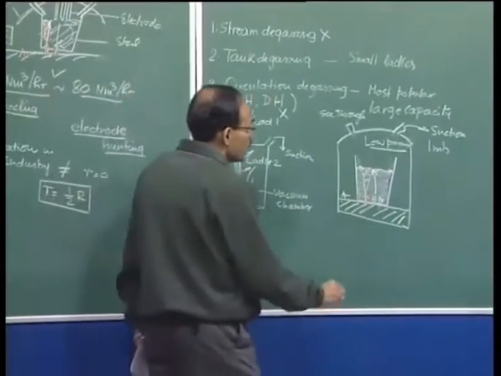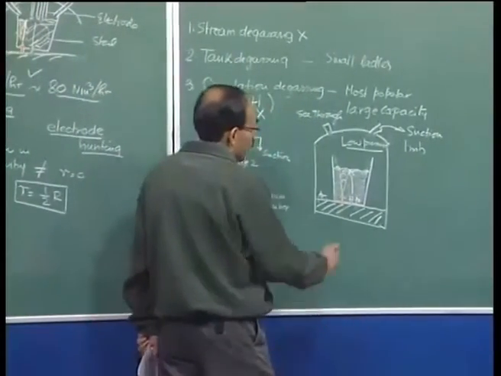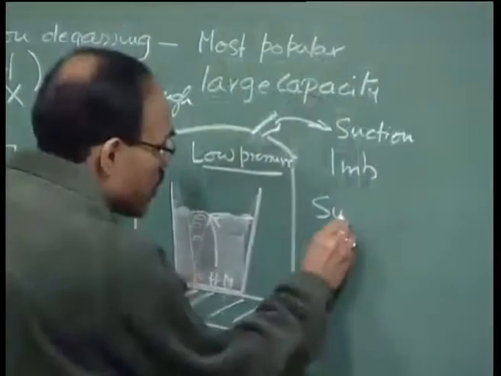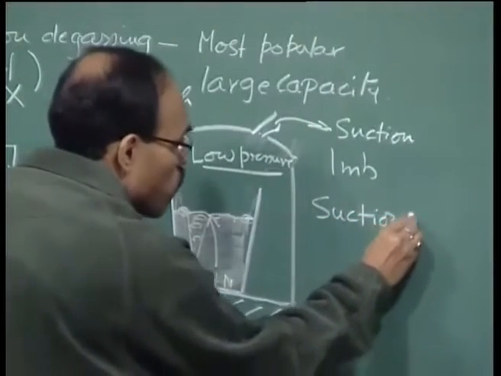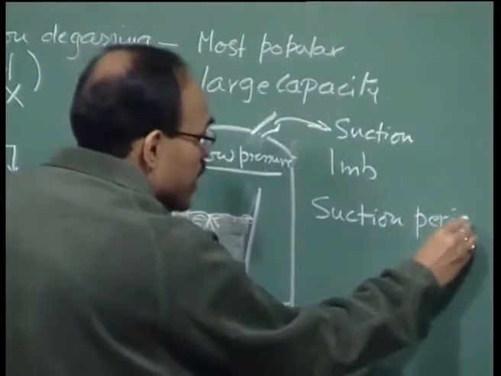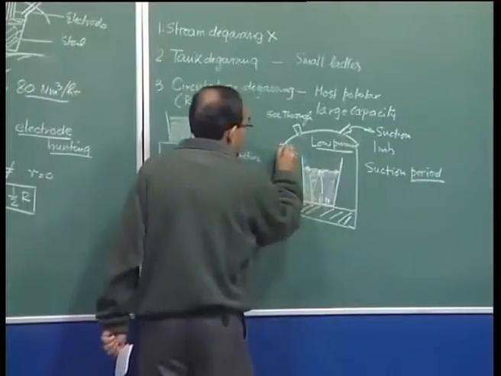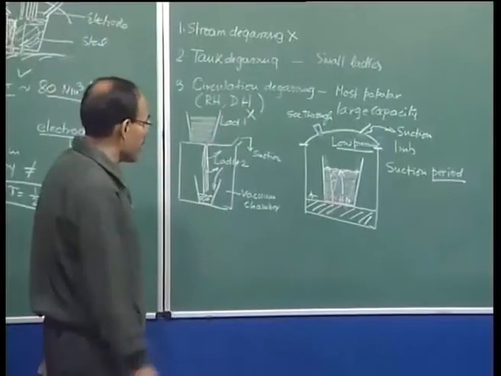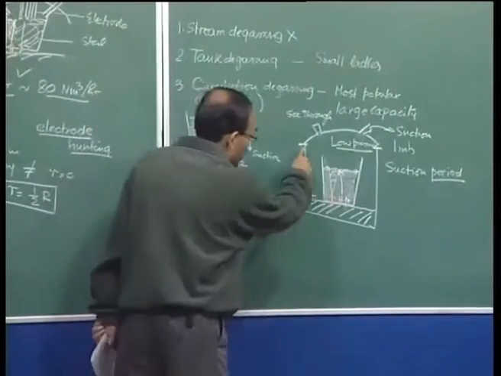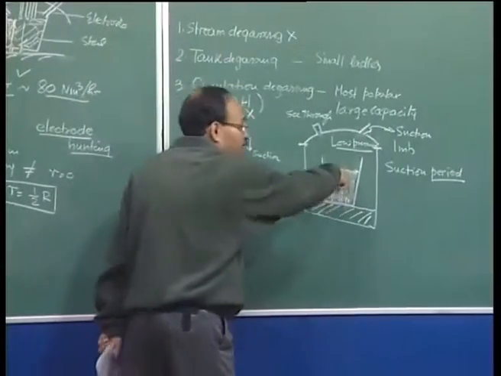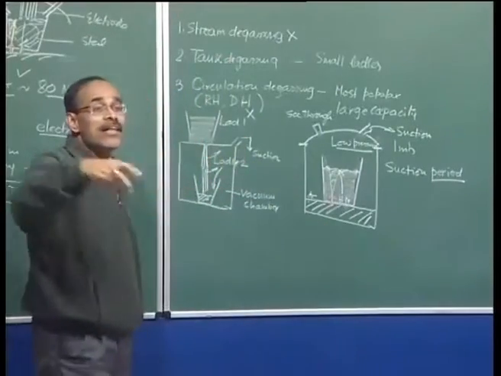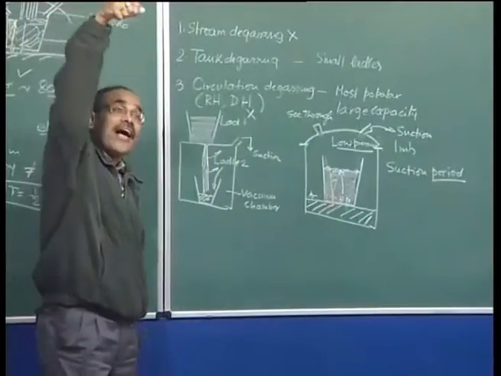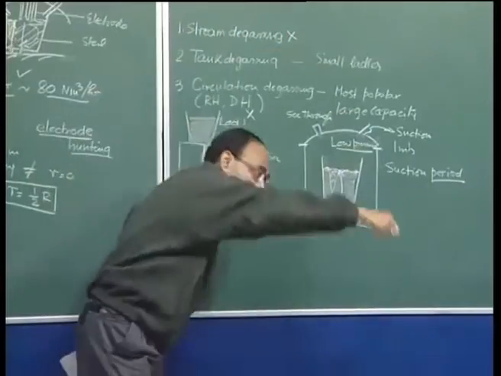Now, there we can have initially what is known as a suction period. Basically, we have this tank which is there in the degassing area. Within this tank, the ladle which contains the metal is lifted with an overhead crane, and then it is brought and kept inside the tank.